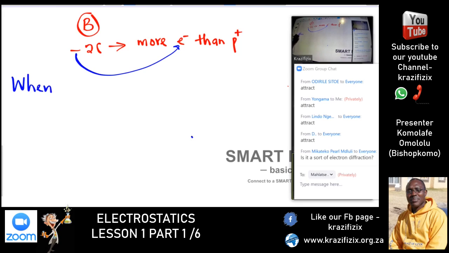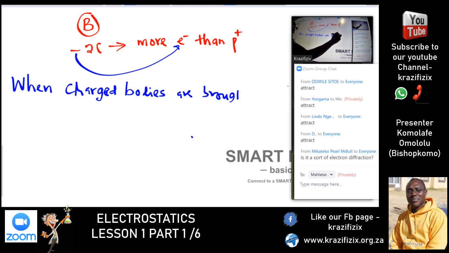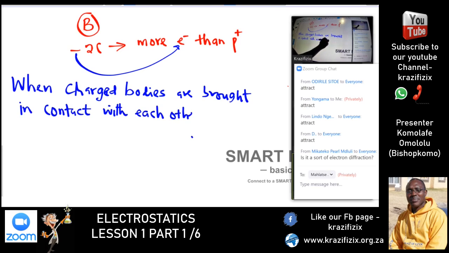When charged bodies are brought close or are brought in contact with each other, charges move. When I say charges, we talk about electrons, right?